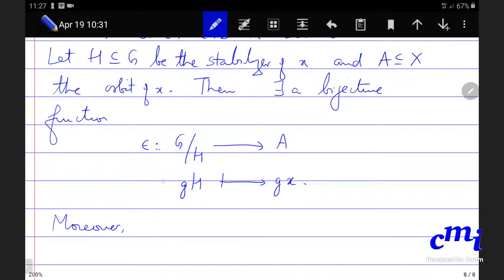I will explain what this means in a minute. Let me write it. The action of G on G mod H and A. Let me clarify what the final sentence means, and then we will prove the first part.